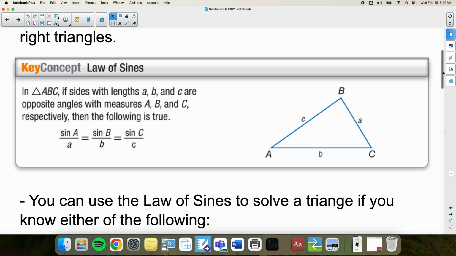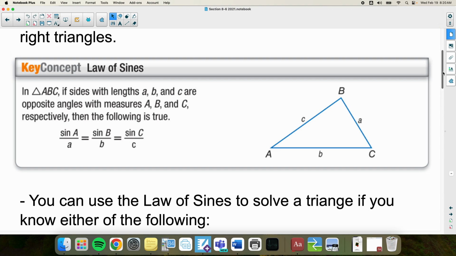So when we did right triangles, we did Pythagorean theorem if we knew 2 sides and we were looking for a side. In these triangles, you cannot do Pythagorean theorem. You can only do Pythagorean theorem if you have a right angle. So for the rest of this chapter, Pythagorean theorem is out.